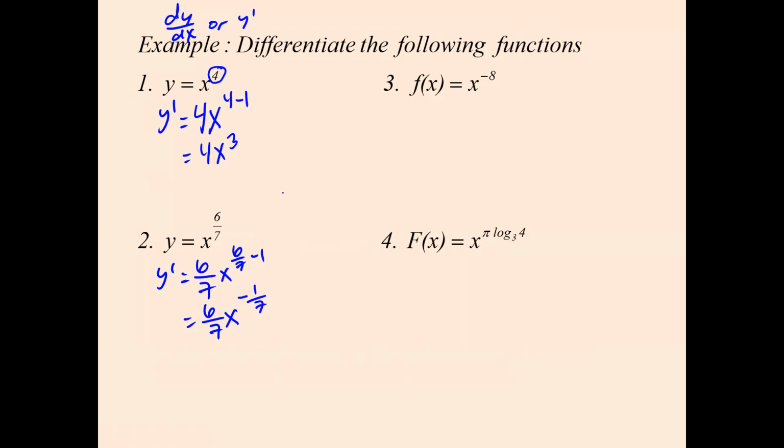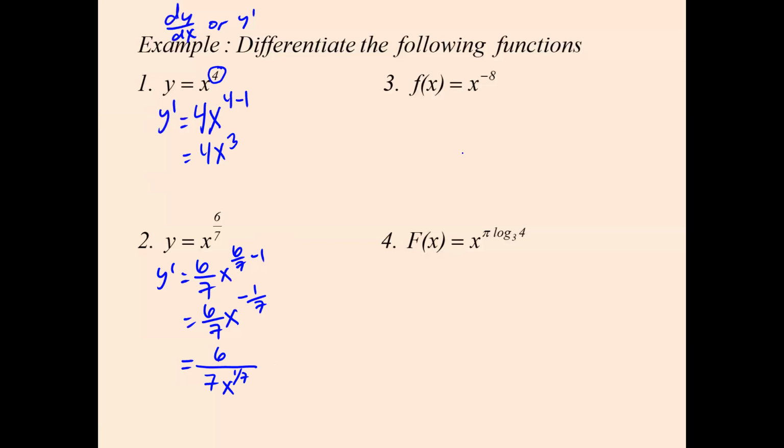Okay, anong ibig sabihin ng negative? Kapag naalala nyo yung law of exponent ninyo, kapag may negative tayo na exponent, pwede natin tong ibaba. So, meron tayong 6 over 7 x raised to 1 over 7 in the denominator. So, yan yung derivative ng number 2.